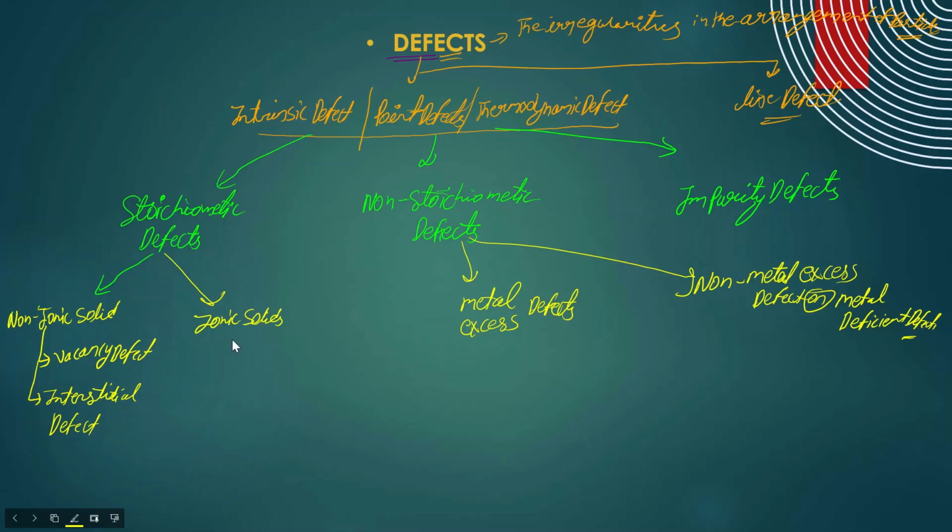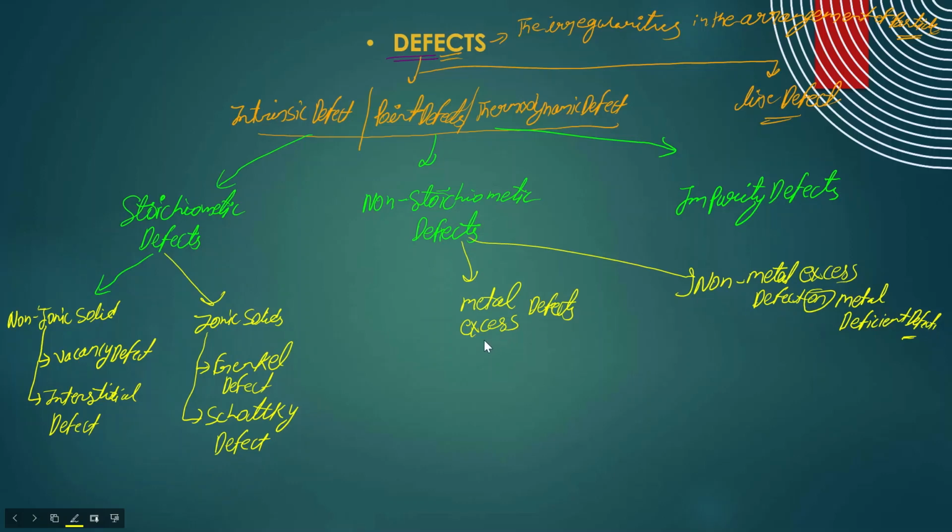And here ionic solid is also further divided into two parts: Frenkel defect and second is Schottky defect. Okay, and here the non-stoichiometric defect is also divided into two parts: metal excess defect and non-metal excess defect or metal deficient defect.